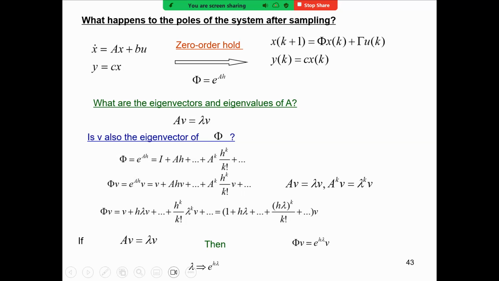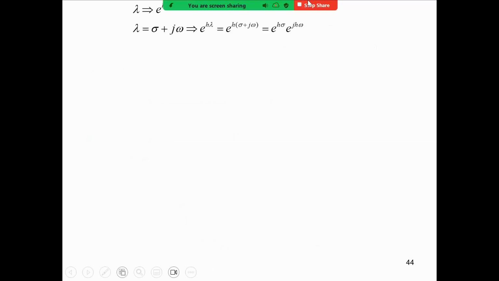At the beginning, I asked you, if a system is stable, sampling cannot make it unstable. So this formula must verify that if the pole is stable, it must be stable in discrete time. We can easily check that. If lambda is the pole, sigma plus j omega, this will be the pole for the discrete time.